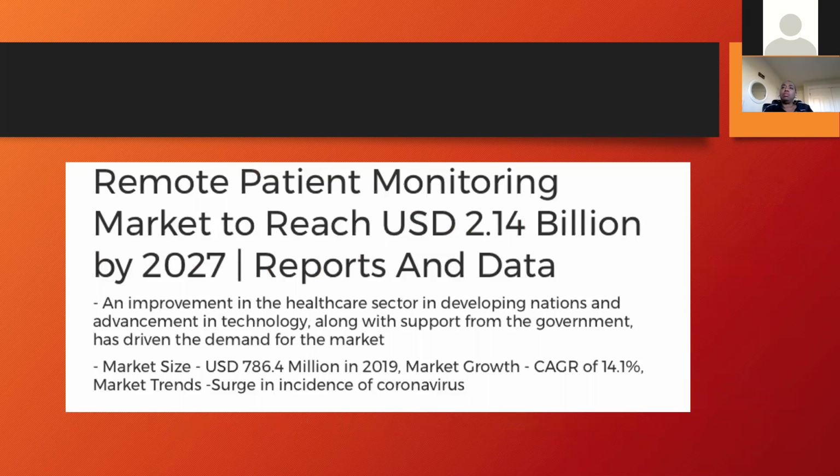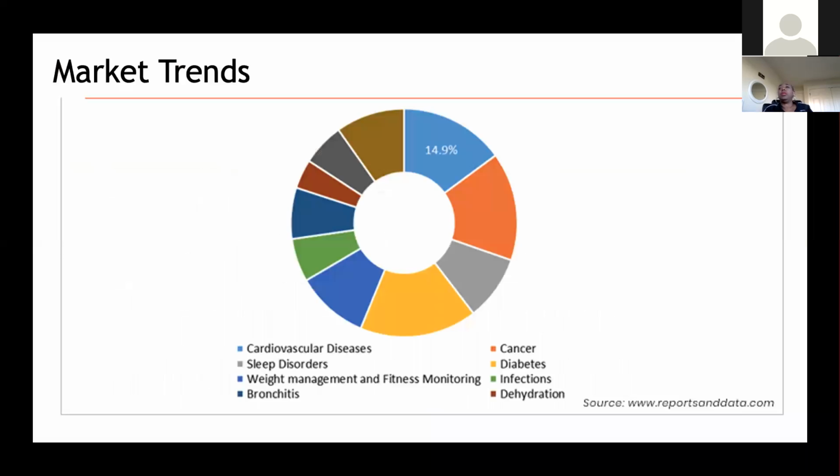Another data point here, by 2027, 2.14 billion. Big opportunity. Another data point that I snagged, and I couldn't get the full data, but I think we can interpret it based on the size and the color, what the market trend and the market sector is, especially for the disease state.